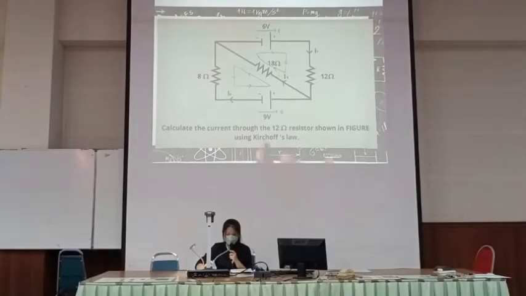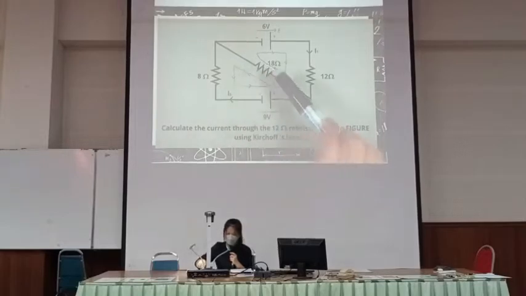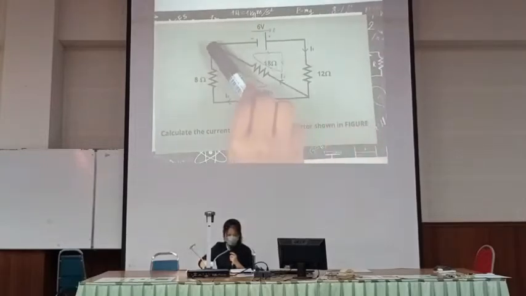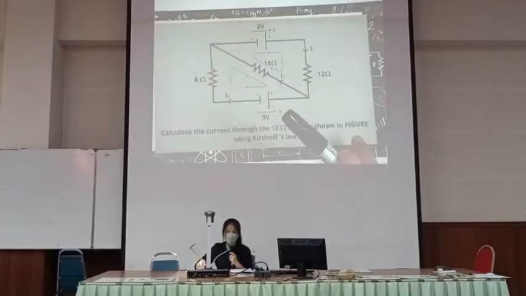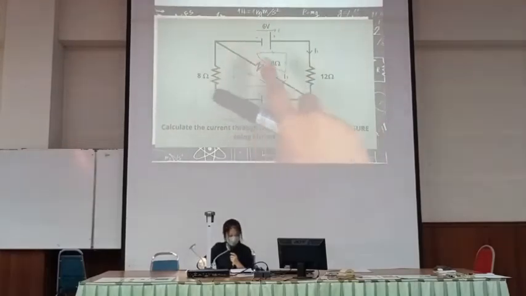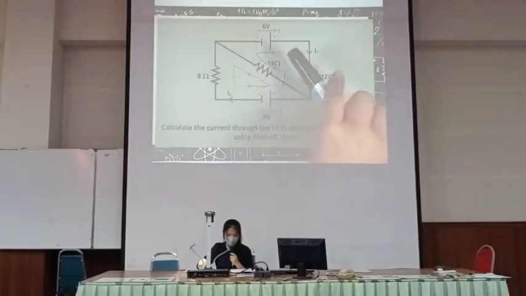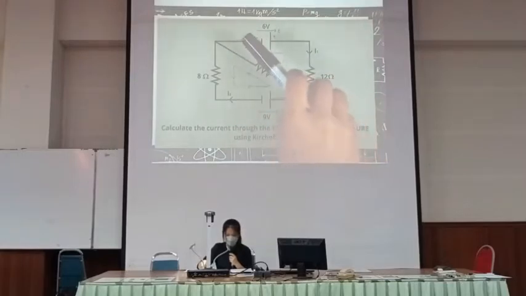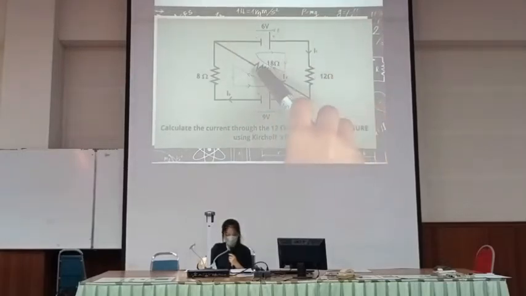Okay, when you see the question is present of two loops and a few junctions, like junction 1 and junction 2, you can just use the KHONG rule. The upside here is one loop consists of one battery and two resistors.